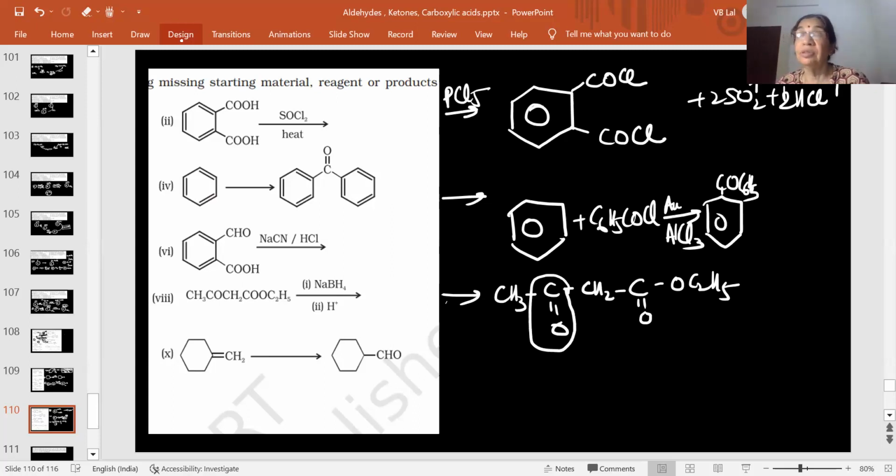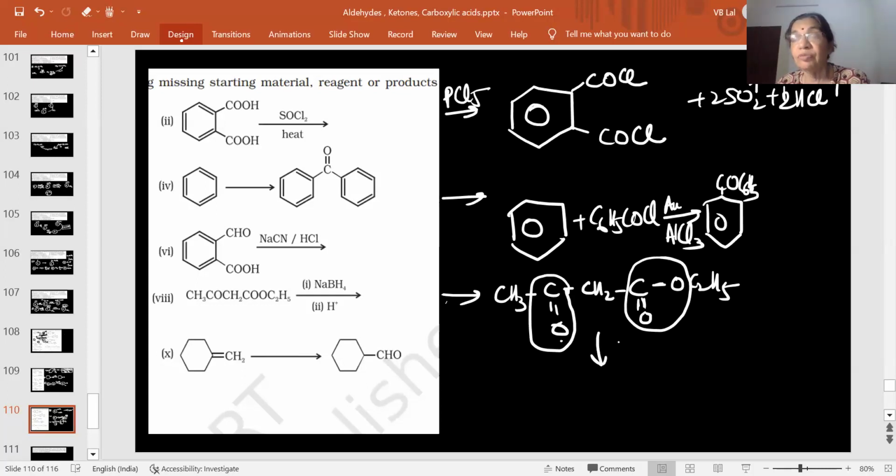This is the methyl keto group. So I'm looking at only this carbonyl group. This carbonyl group, I don't look at it because why? Because there is resonance here. This double bond is either here or here. So this area is very stable. So reduction will take place only on this carbonyl group.